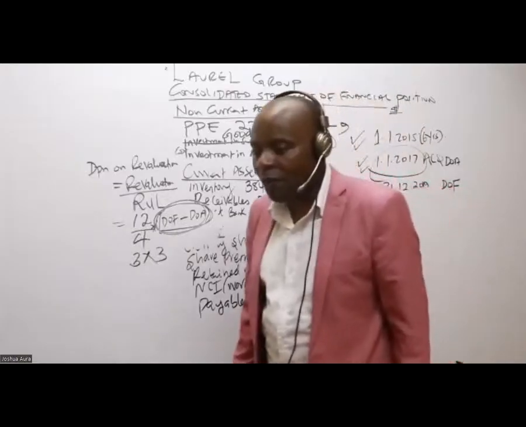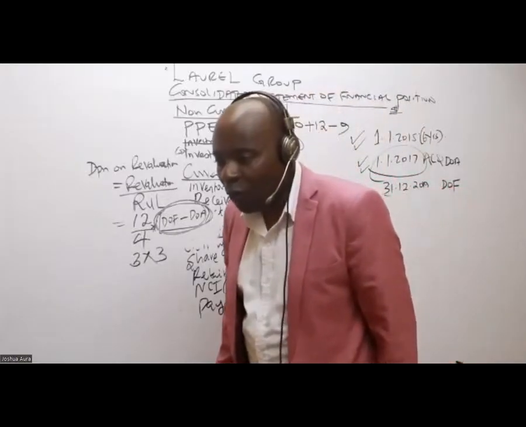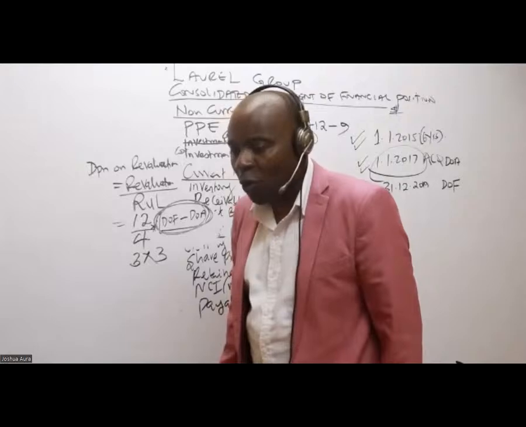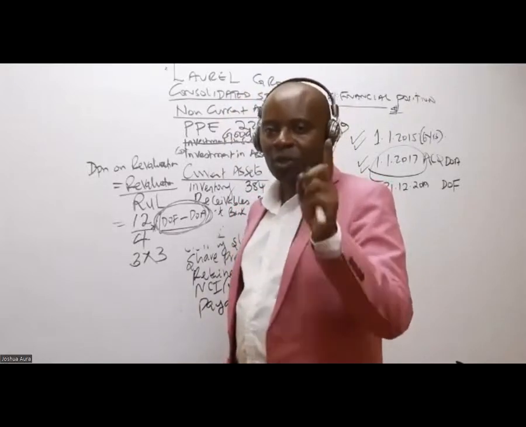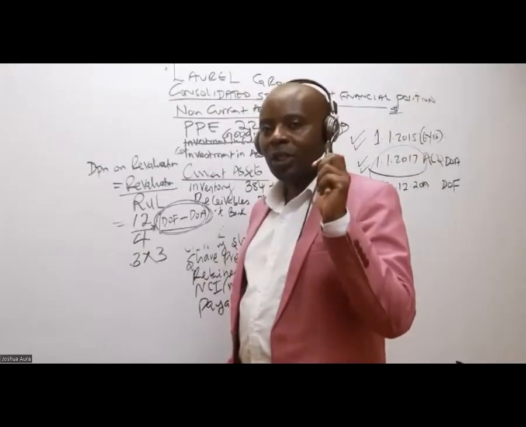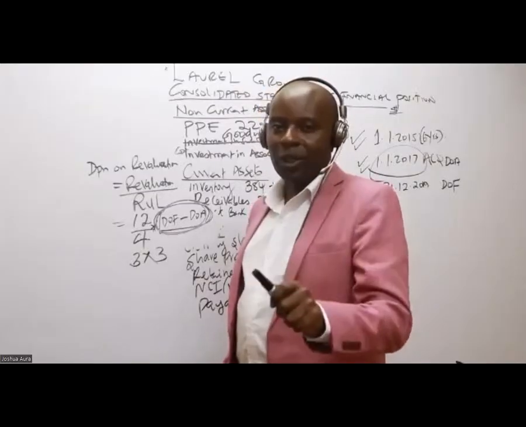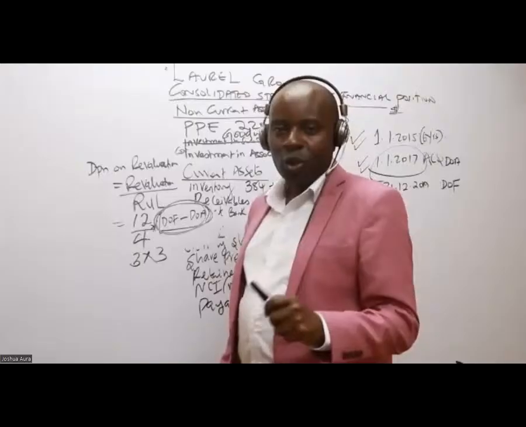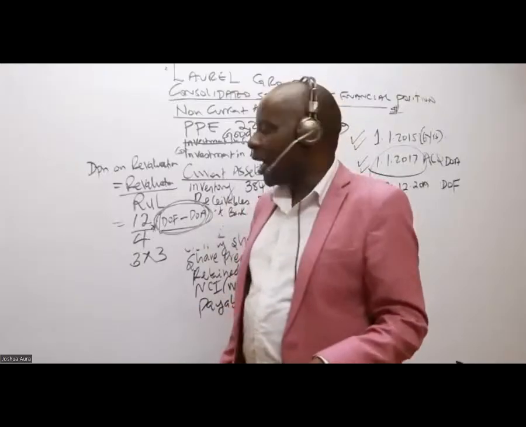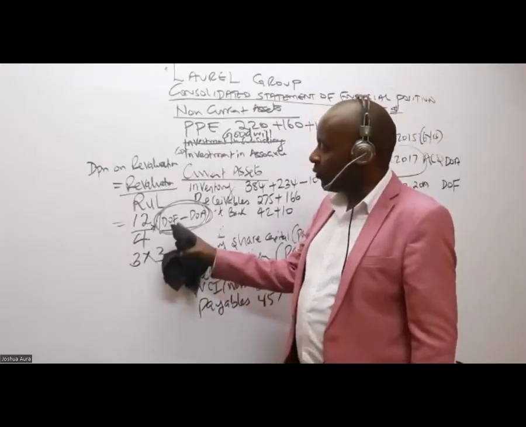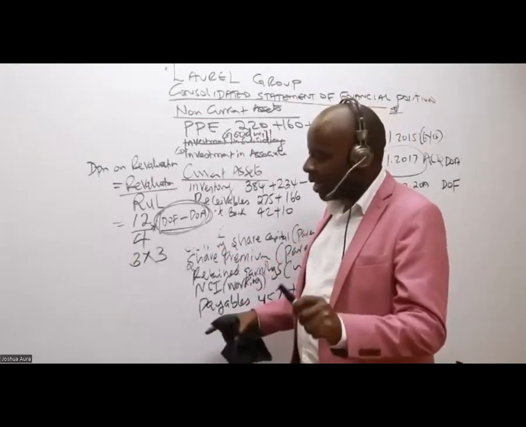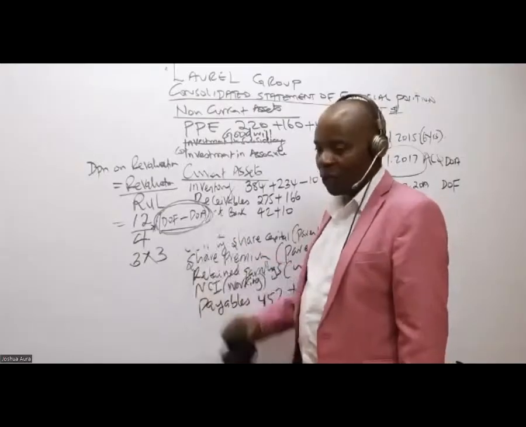But you see, 12 over 4 is 3 per annum. And we want to get cumulative depreciation to the time we are doing the financial statements. How do we get this cumulative period? You take the date of the financial statements minus the date of acquisition.